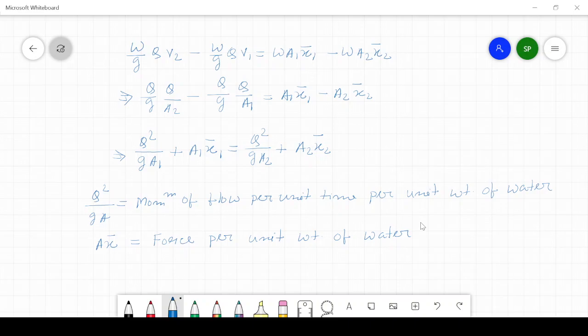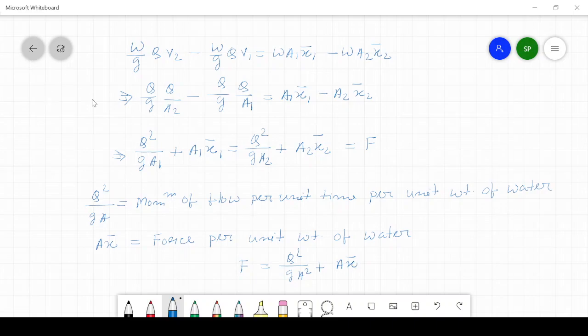Since both terms are essentially force per unit weight of water, that's why this is called your specific force. So specific force is equal to Q square by gA square plus A x bar. Clear? This is called your specific force.